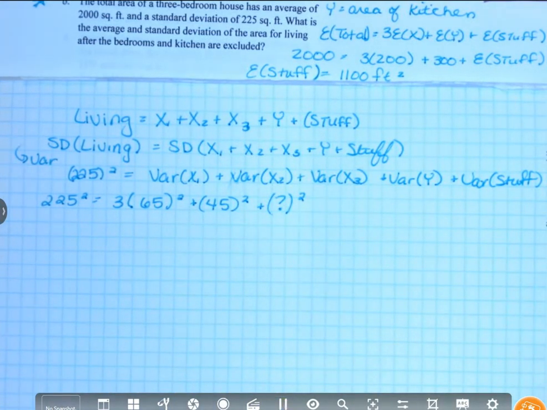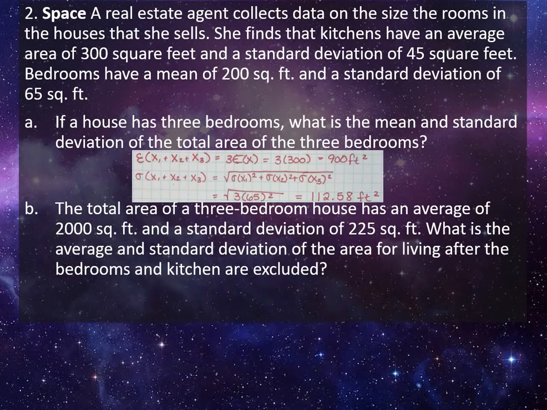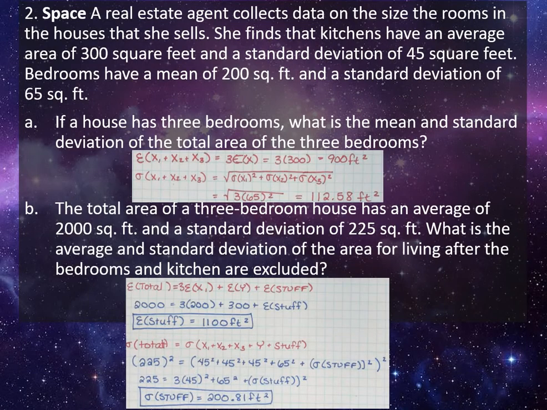I have to go through and solve that, and using the Pythagorean theorem to solve that doesn't work out quite too nice. But you get that the standard deviation of that stuff is going to be equal to 200.81 square feet.